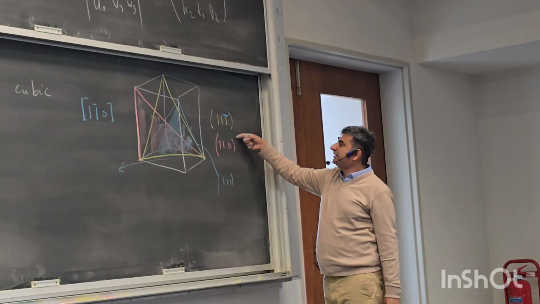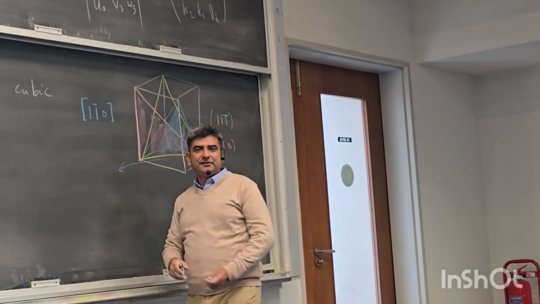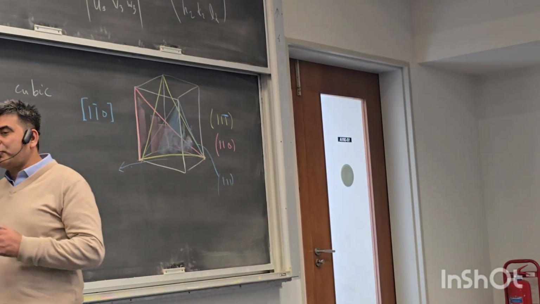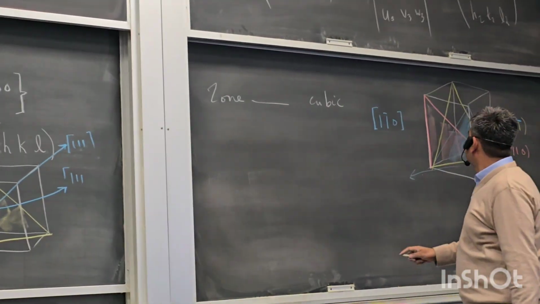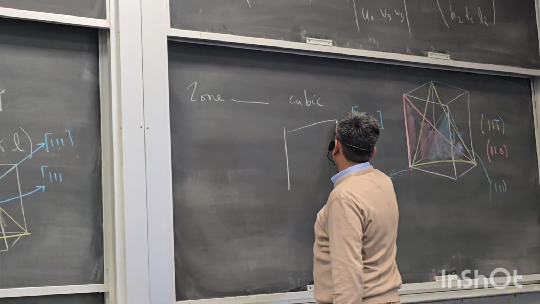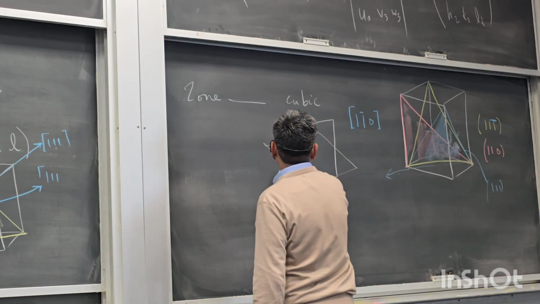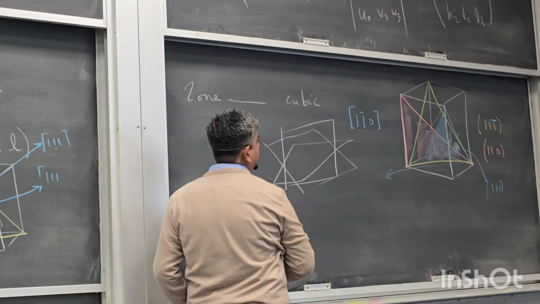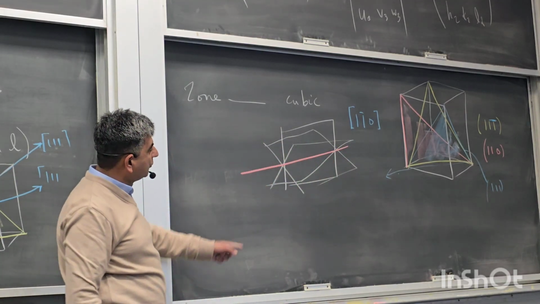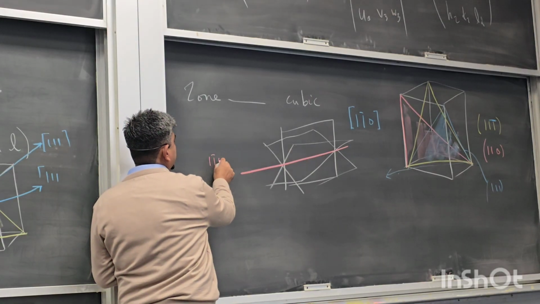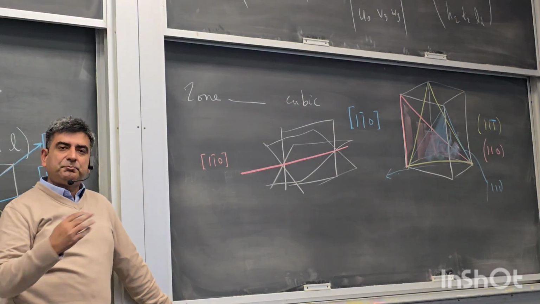So when you take these three planes and put them together, they are intersecting along this line. These planes belong to a zone because all three of these planes are intersecting on a zone axis. So the planes look like this. There's one plane here, another plane here, and the third plane here. And all three of them are intersecting at the zone axis. That zone axis is this direction, 1 bar 1 0. Okay? So, three planes can intersect.